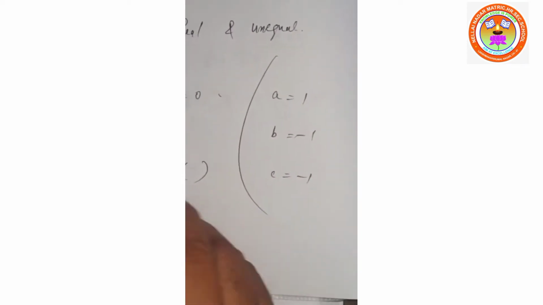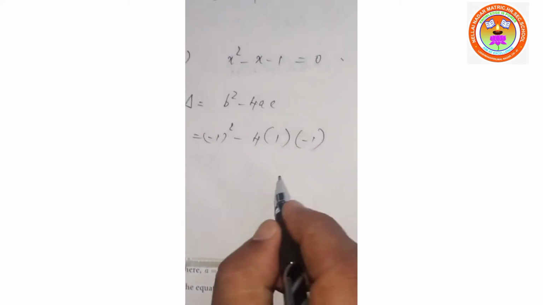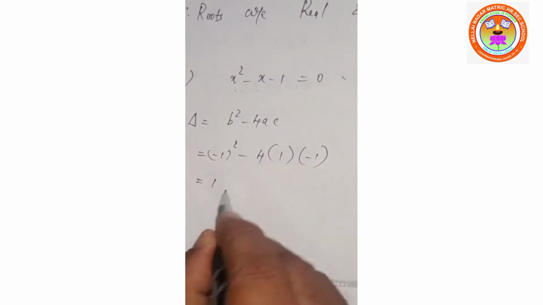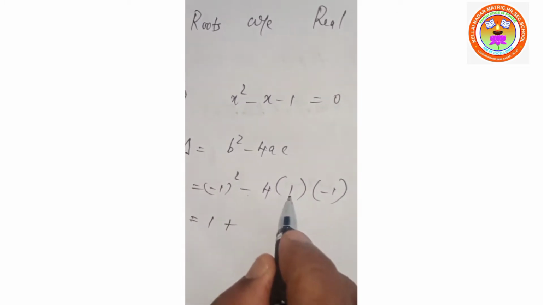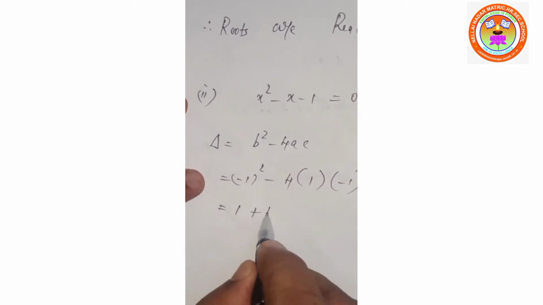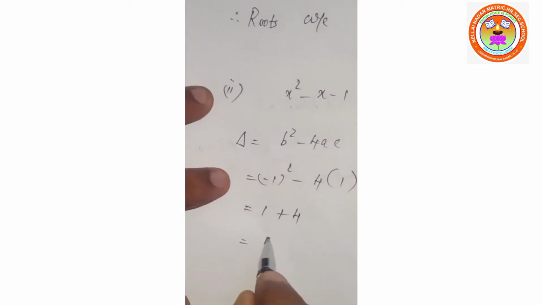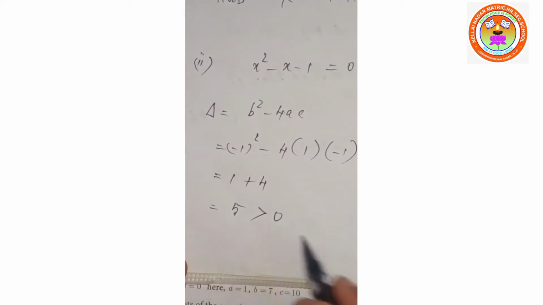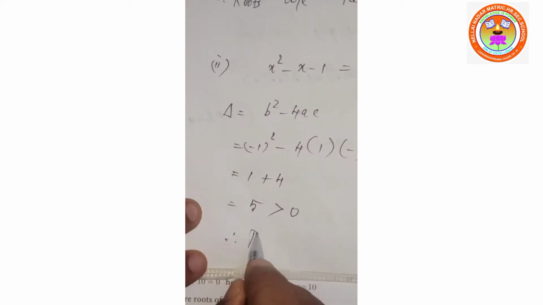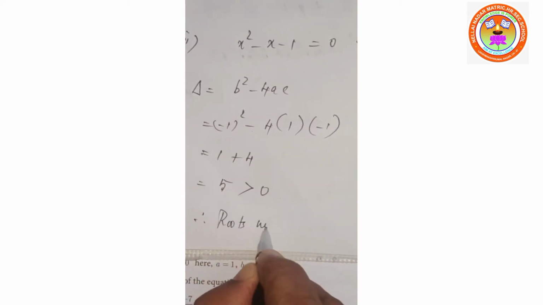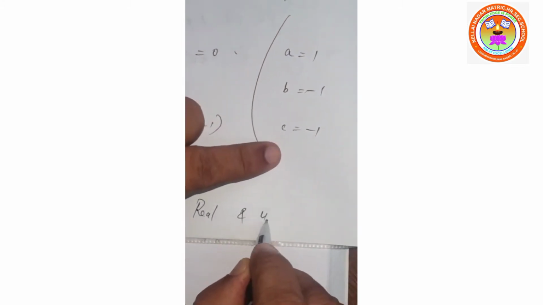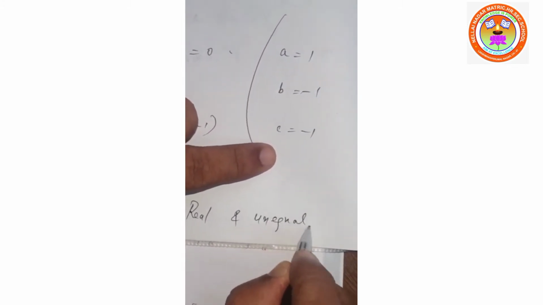The a value is 1, the c value is also minus 1. Minus 1 the whole square is 1. Minus into minus is plus, 4 into 1 is 4. 4 plus 1 is 5, again greater than 0. Whenever a positive value comes, the roots are real and unequal. You have to write that.